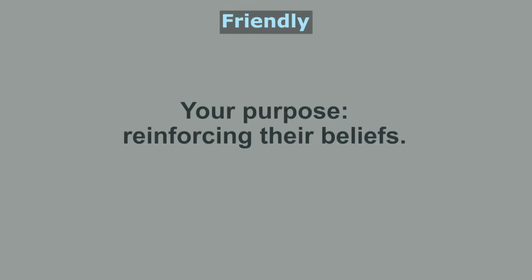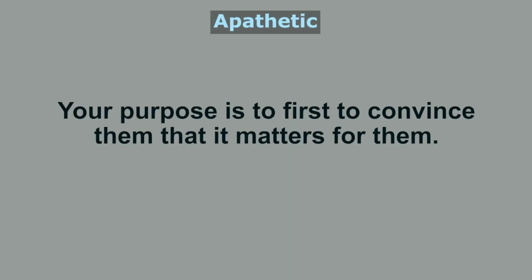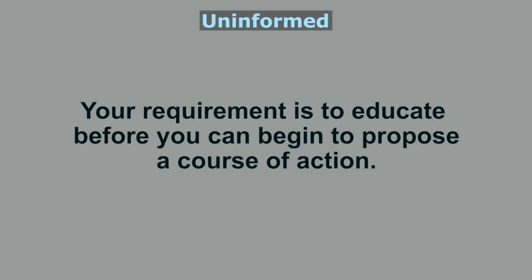One is the friendly audience, who are reinforced in their beliefs. The apathetic audience: it is actually the responsibility of the speaker first to convince that audience that whatever he or she is saying is important for them. The next is the uninformed audience, who has no idea what it is going to be.